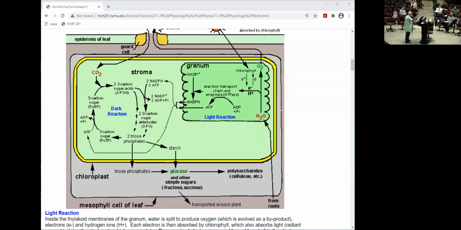What we need to do now is we must make the glucose. Okay? So what happens now is over here in the stroma is a standard biochemical reaction that's used to construct the glucose molecule. Now this is like any biochemistry.